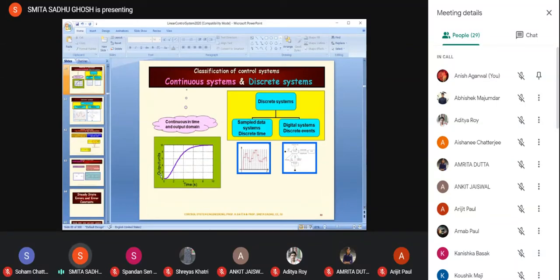Over here, basically, continuity exists both in the time domain as well as in the output domain. So when I say continuity exists in the time domain, I mean that you can choose to look at what the response value is, for example at 4.1 seconds, 4.11 seconds, 4.111 seconds, and so on.